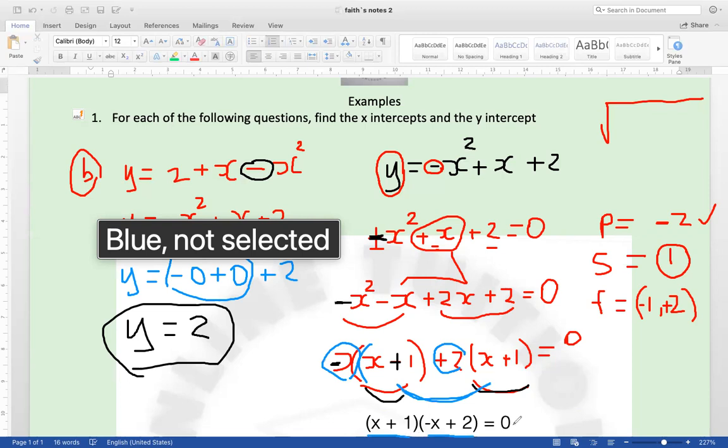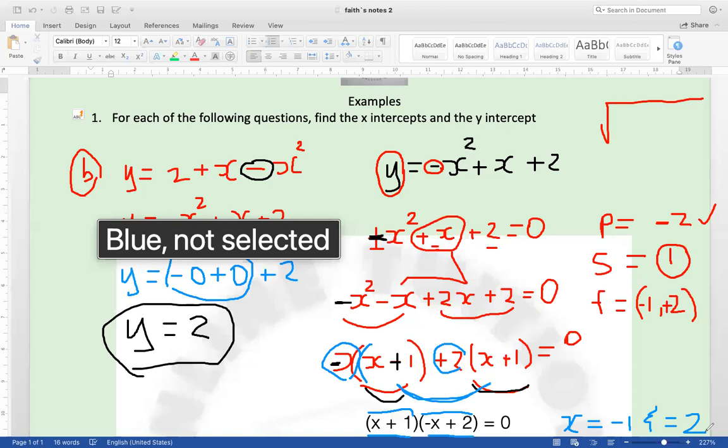And equate to 0. So if you look at where this question has landed us, it has taken us back to the first question that we had, where you get whatever is in the first bracket and equate it to 0, and you take what is in the second bracket and equate it to 0. And here, on your own, you can verify and find that x is equal to negative 1, as well as x is equal to positive 2.